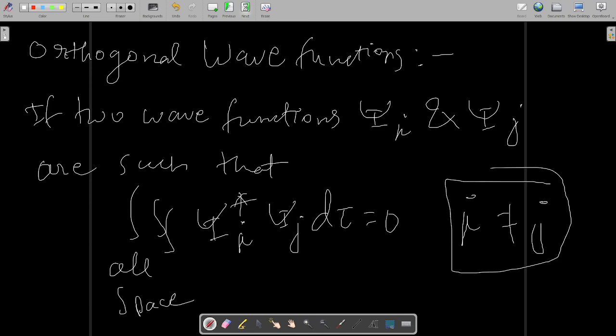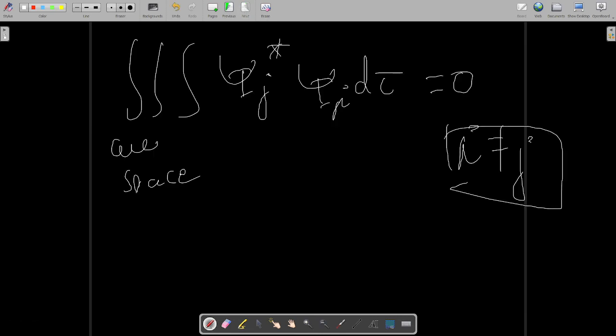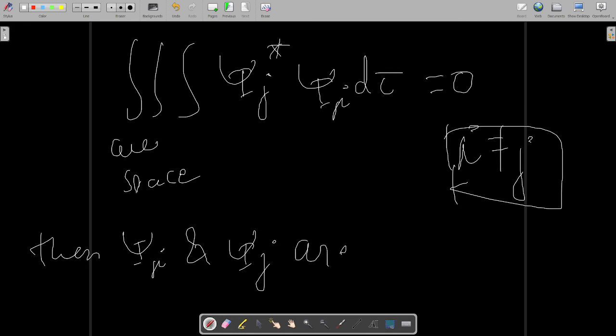This is an important condition. If they satisfy these two conditions, then psi I and psi j are orthogonal wave functions.